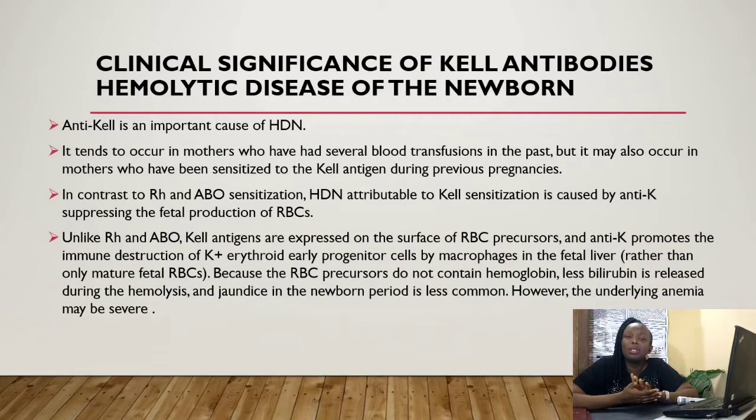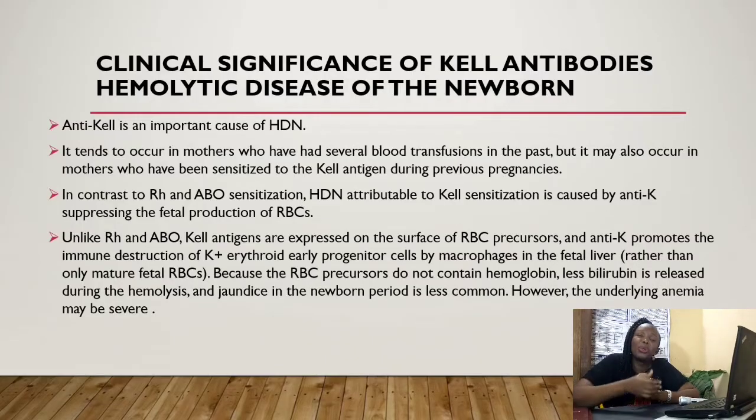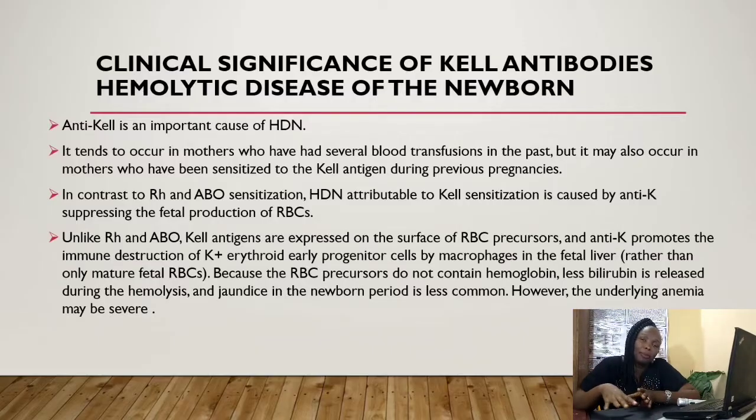In addition, they can also induce severe anemia in the fetus because they suppress erythropoietic activity by destroying red cell precursors, in addition to destroying the mature red blood cells. So a baby is born having hemolytic disease of the newborn with less bilirubin being formed than in HDN due to the RH blood group system.